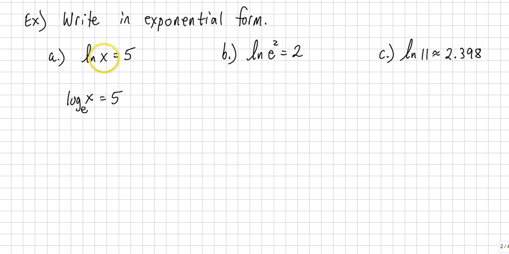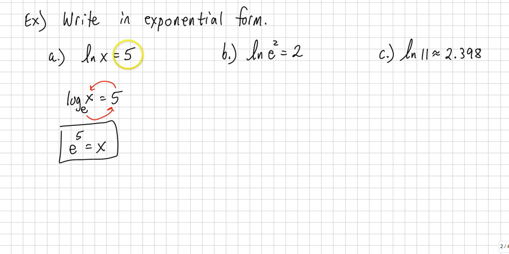So ln of x is the same exact thing as log base e of x. Well, we want to write it in exponential form, so we can do the circle thing that we talked about earlier if that helps. So it'd be e to the fifth equals x, and that would be exponential form.